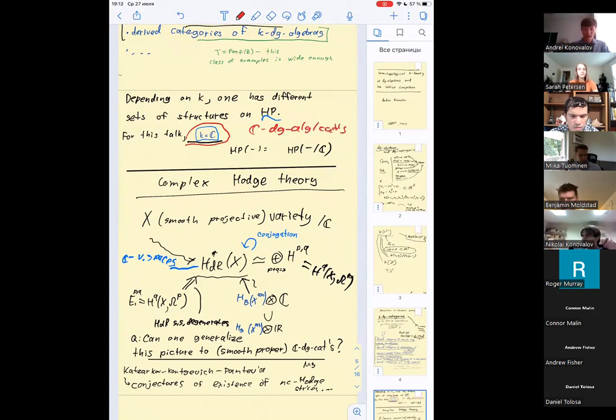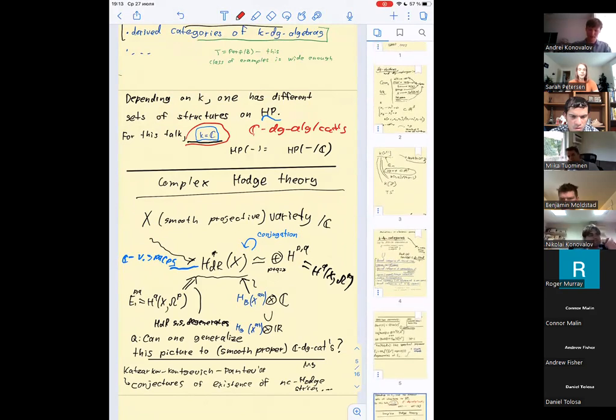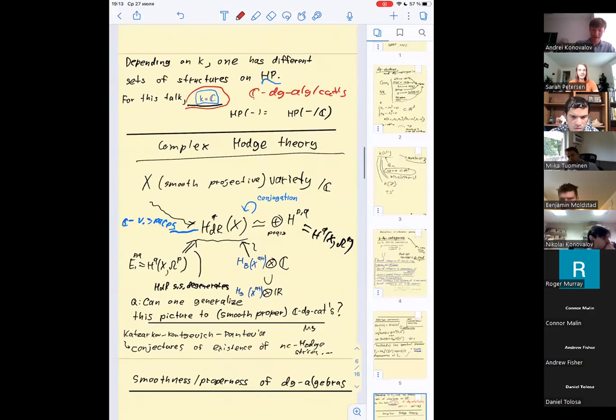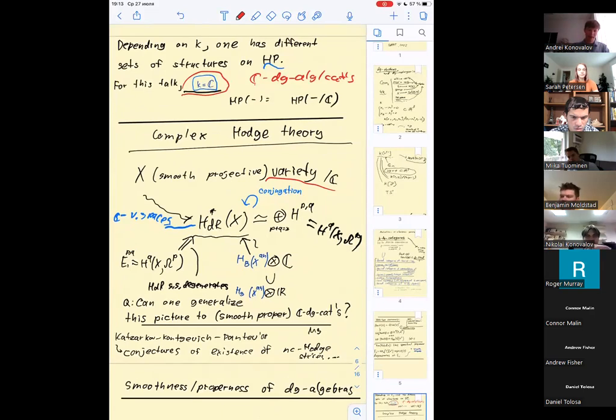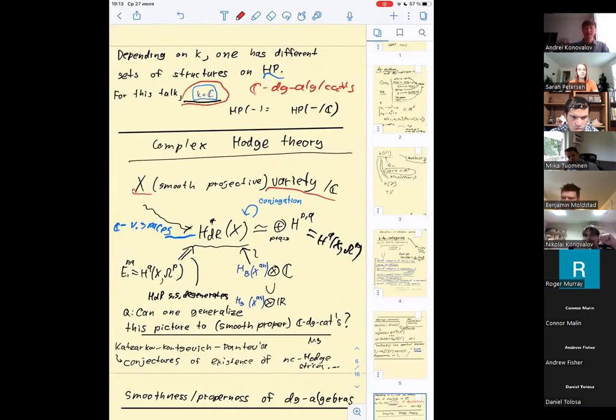And even if you consider a little bit more classical object, like a smooth projective variety over complex numbers, well, whenever you have a variety over complex numbers, you can look at the corresponding topological space and consider differential forms which form a de Rham complex, and you can consider the smooth de Rham complex, or in fact the holomorphic de Rham complex or the algebraic de Rham complex. They will all give equivalent answers, which are called de Rham cohomology.